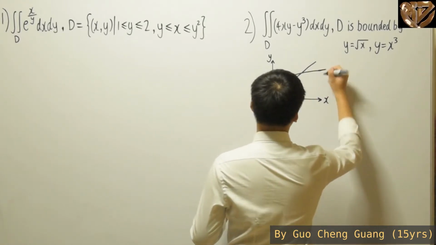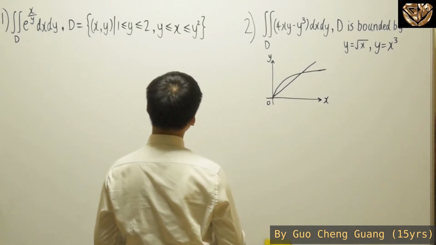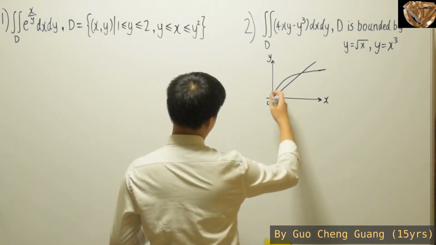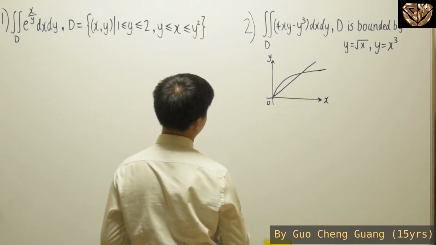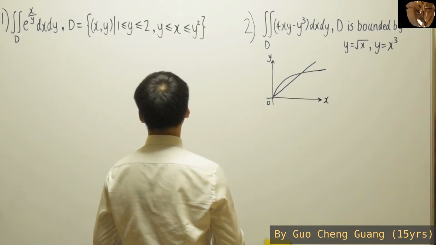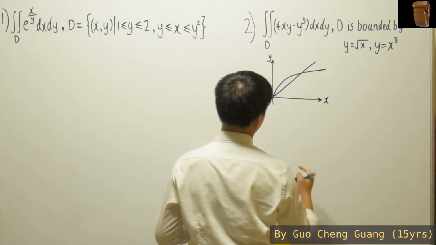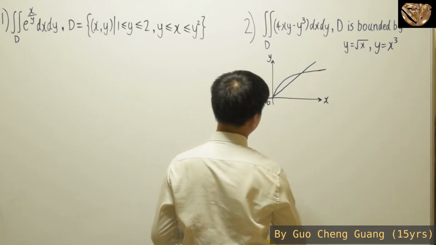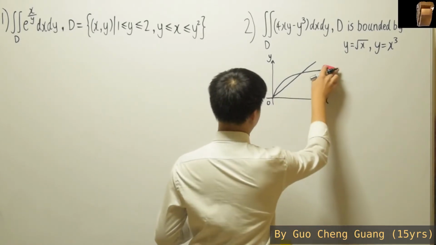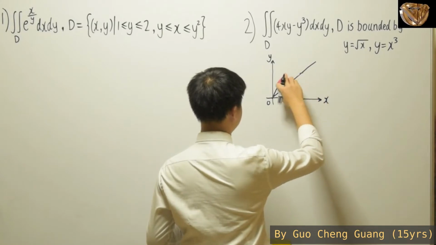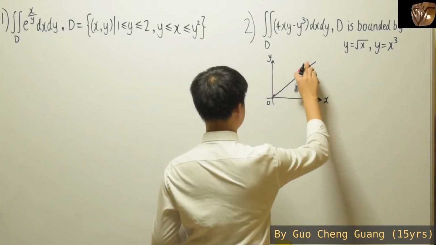At first glance you might be wondering whether it is this region over here. But since y is from 1 to 2, it will actually start from the intersection point. So I can just move this a little more downwards.